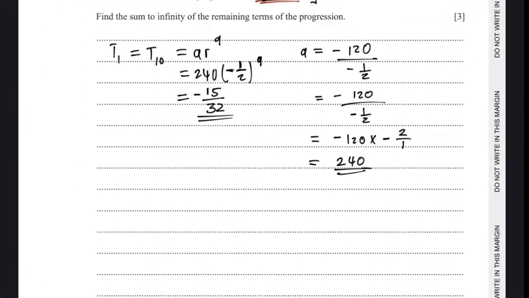What is the answer? Negative 5 over 16. Isn't that like the same? No.